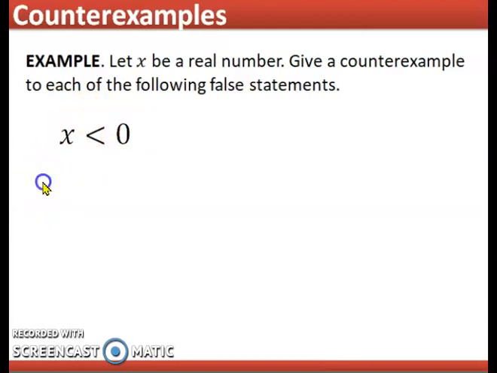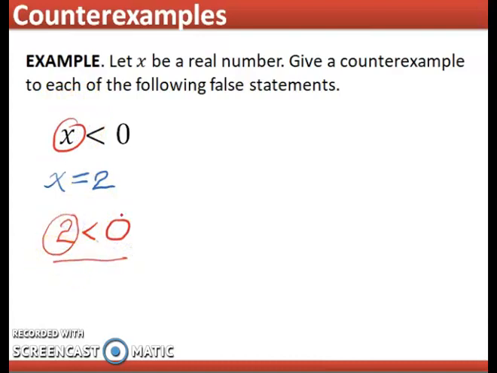So, for example, x is equal to 2. Okay? Because when we replace x with 2 in this statement, it becomes 2 is less than 0.